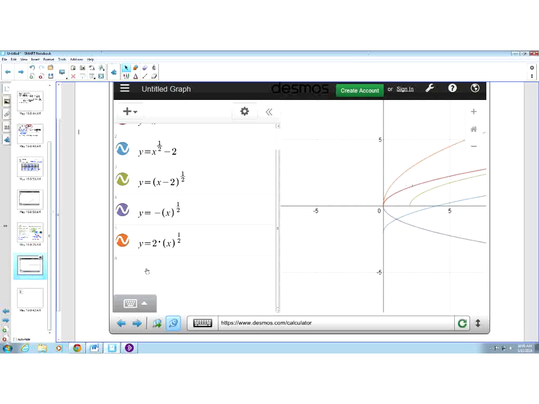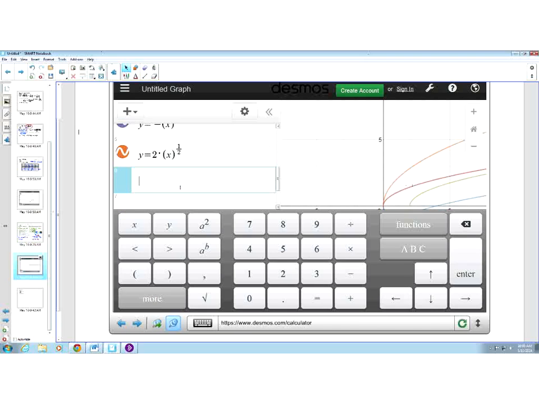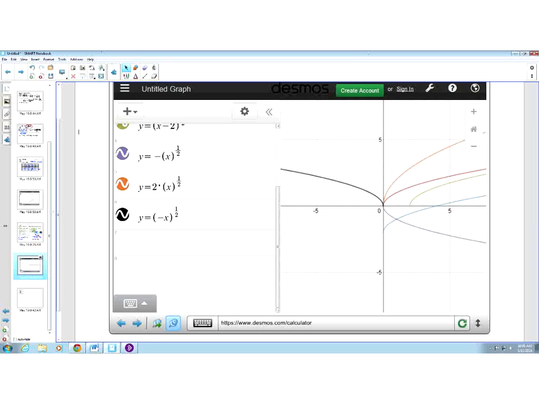Okay? And then we can do a reflection about the y-axis by negating the argument. So how about y is equal to the square root of negative x, negative x to the 1/2. Okay? Now in this case, x has to be less than 0. Okay, note that x has to be less than 0. So let me write that in here.